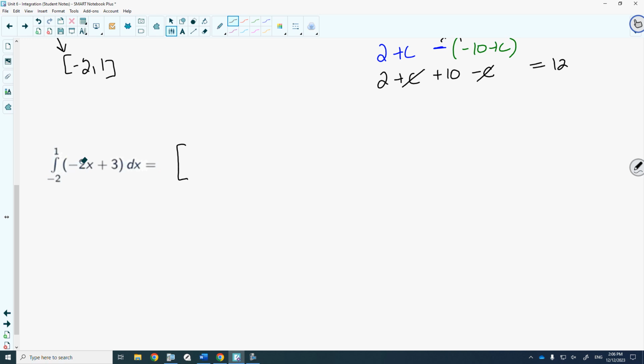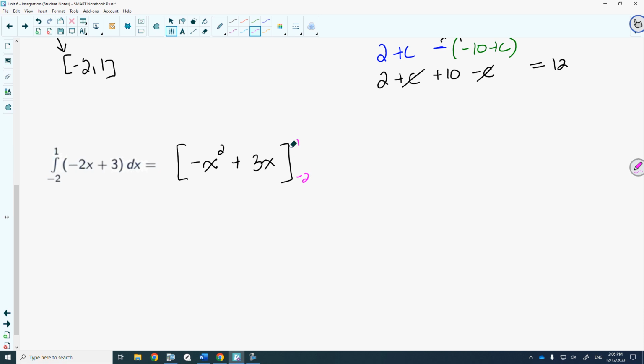So the antiderivative of negative 2x, add 1 to the exponent, divide by 2, is going to give us negative x squared. So same antiderivative plus 3x. We don't need to put the plus c for the constant of integration. And then you're going to put your lower and upper limit of integration. So we're going to put negative 2 here and 1 here.